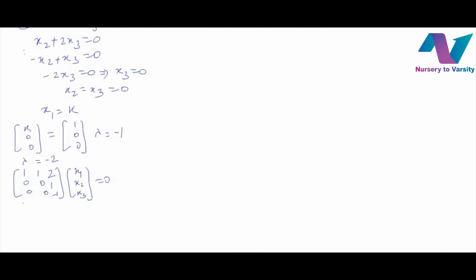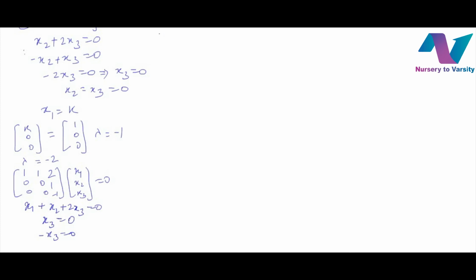So from this we get x1 plus x2 plus 2x3 is equal to 0, x3 is equal to 0 from the second equation, and minus x3 is equal to 0 from the third equation. So we are getting x3 is equal to 0.